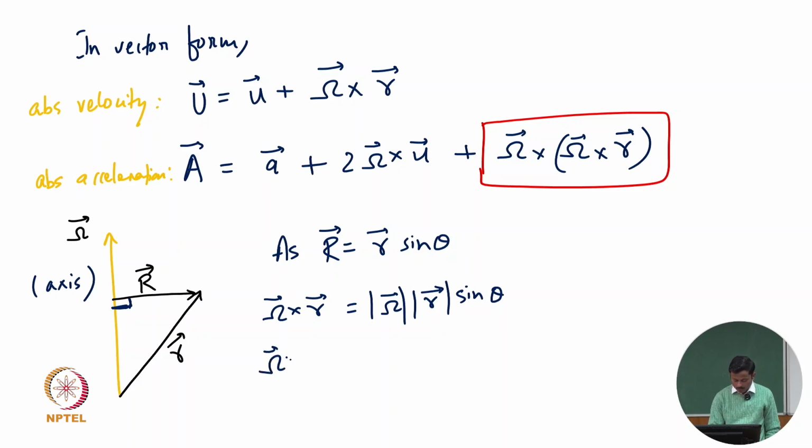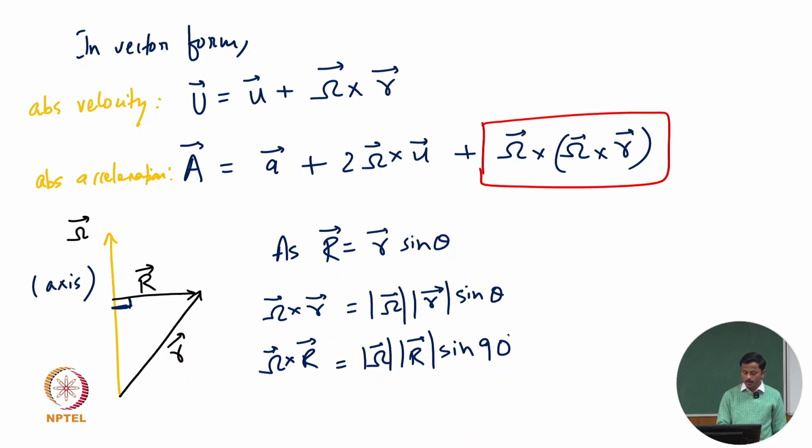And omega cross capital R is, again by definition, mod omega mod R sine 90 degrees, because the angle between the omega vector and the capital R vector is 90 degrees. This is how we have created the capital R vector.